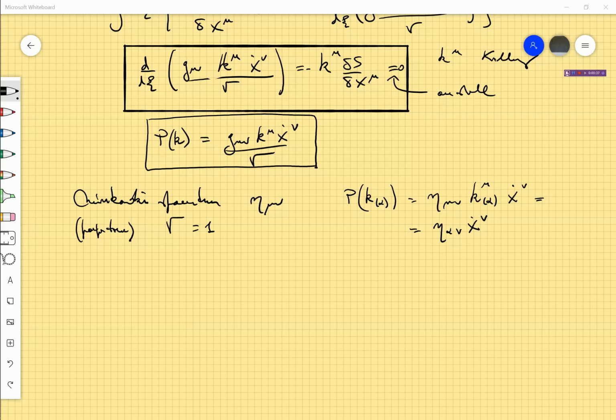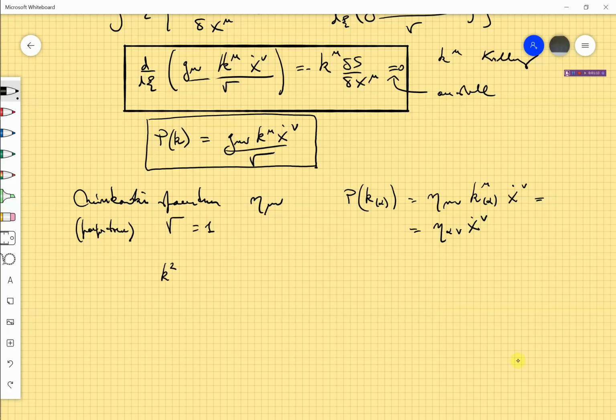But what happens if your metric does not have an invariance such as time invariance under time shifts? More generally, you could say that this is because I'm not working in adapted coordinates, and I have dependence on time, but this may be artificial. The question is that you could find all the Killing vectors of your metric, and it may happen that you don't find a Killing vector which is time-like.